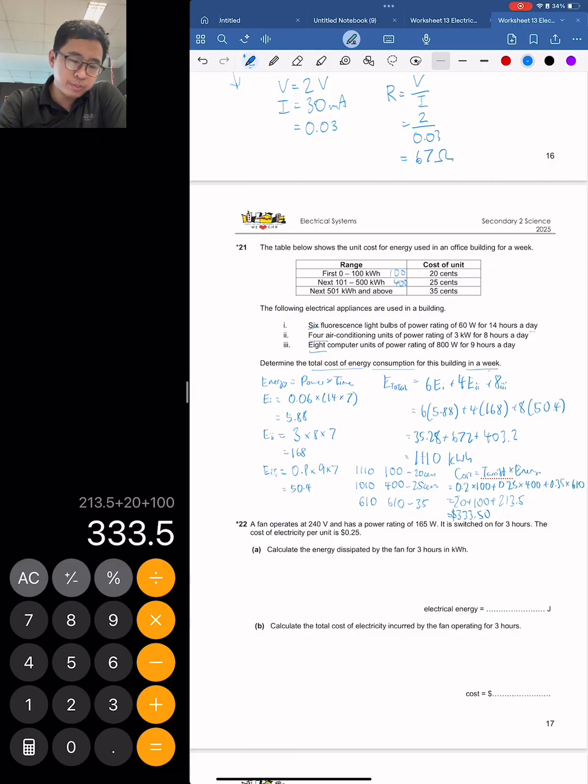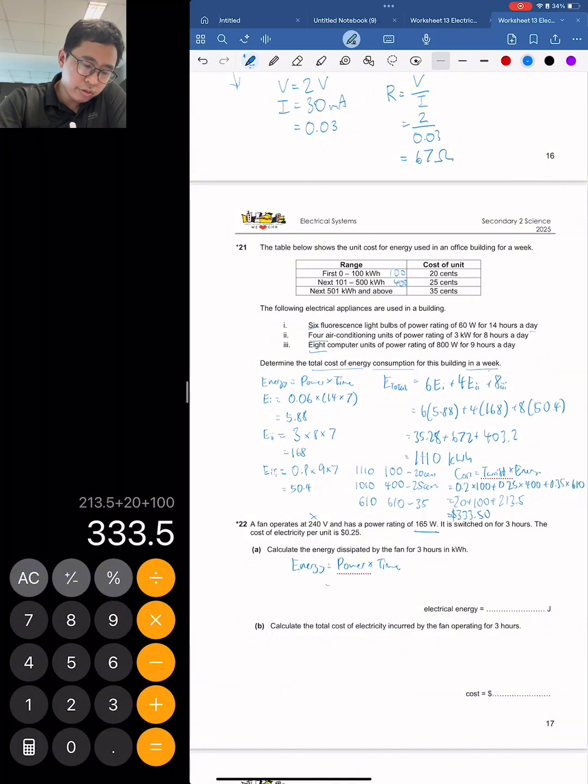So question 22. The fan operates at a power rating of 165 watts. We have not taught you any formulas with regards to voltage, so every time you see a voltage, you can ignore it for now. It's switched on for 3 hours, and the tariff is $0.25. Calculate the energy dissipated in 3 hours. Energy equals power times time.